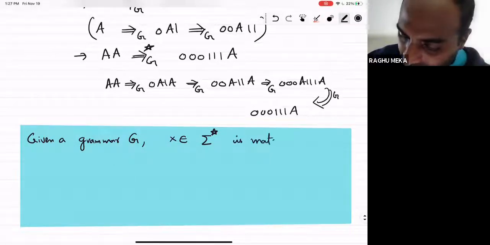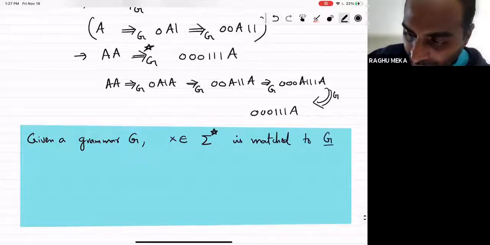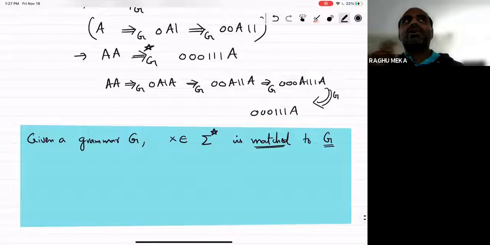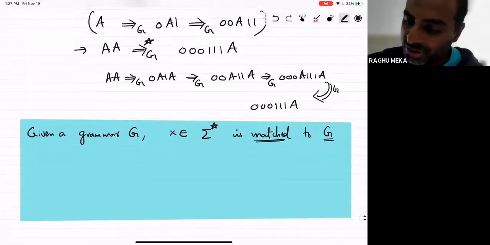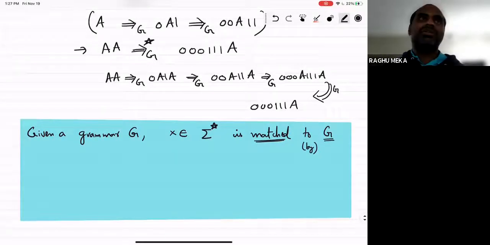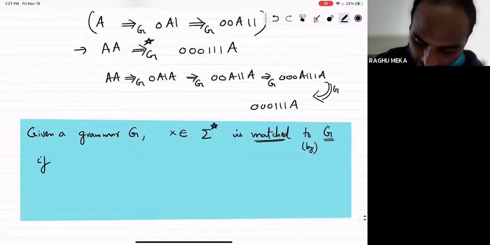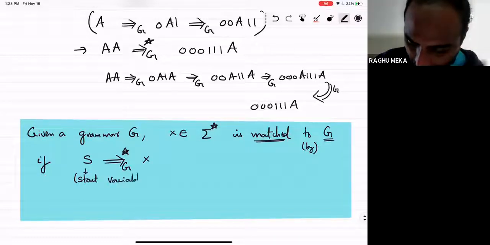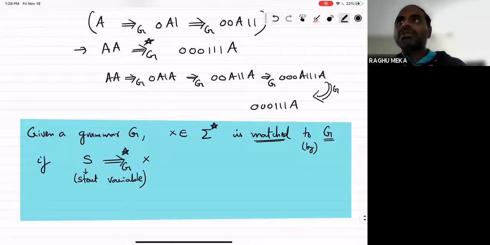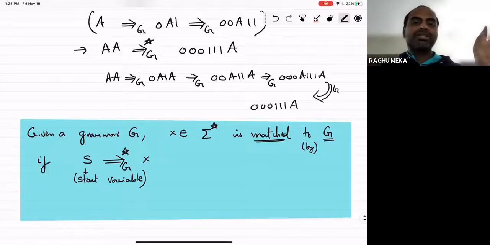X is matched to the grammar G. We say a string X of terminals, remember sigma is like terminals, is matched to or matched by, you can use different terms, G if, starting from the start variable of the grammar G, I can derive the string X by chaining up these rules in various ways.